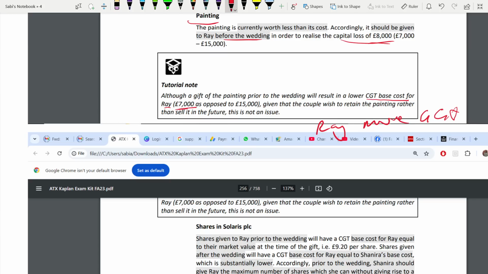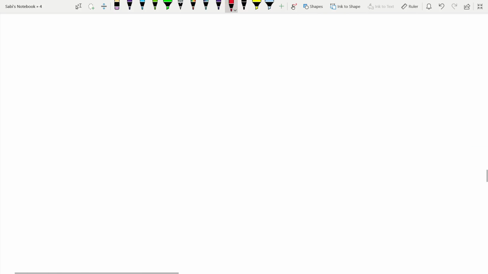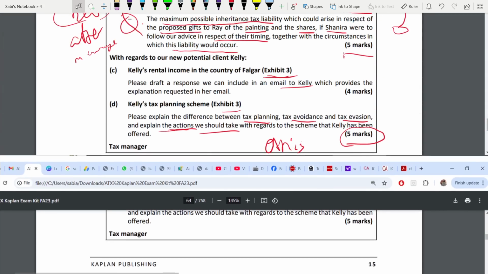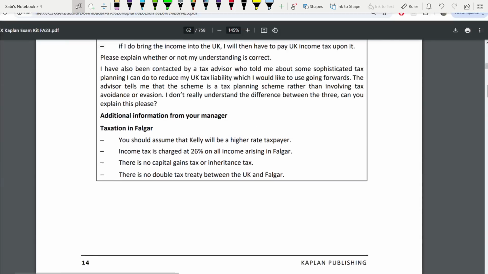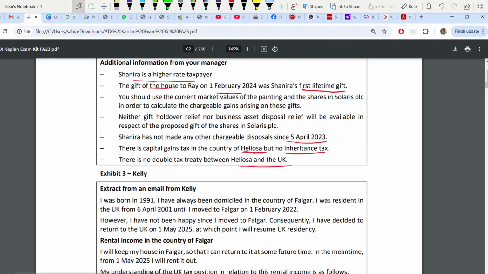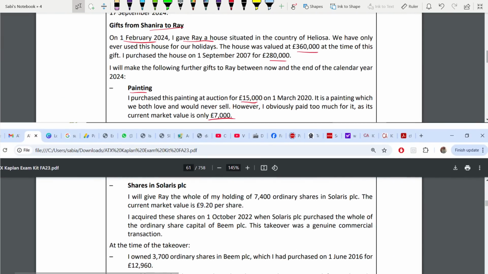But they do not want to sell it; they are going to retain it. This will not be an issue for Ray, because they have mentioned it is a painting which we both love and would never sell.